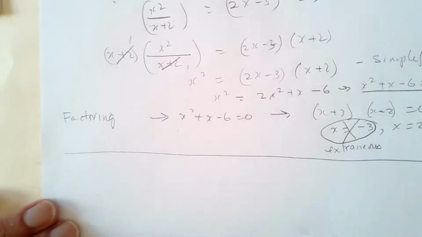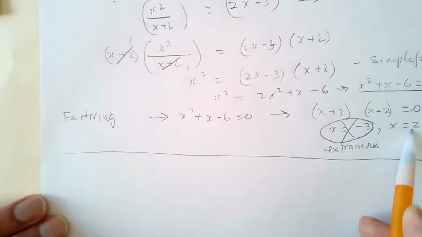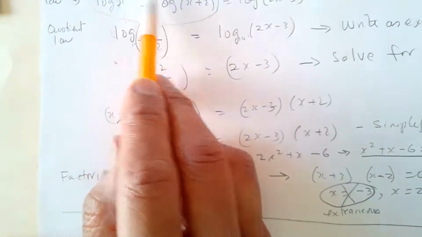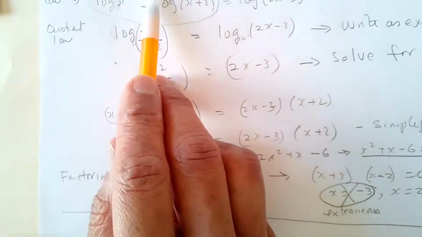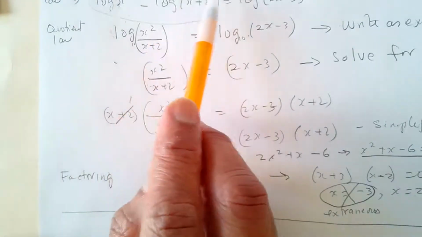Now, if we were to verify it, we'll substitute 2 into x, and you'll have to do it for both sides. And you'll find that 0 will be equal to 0.